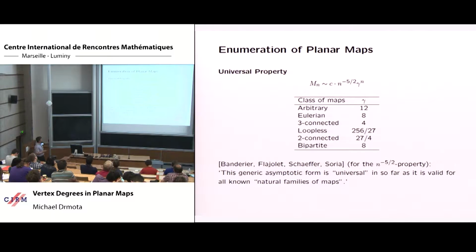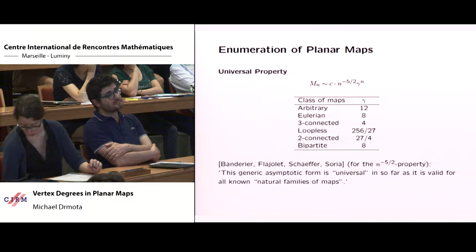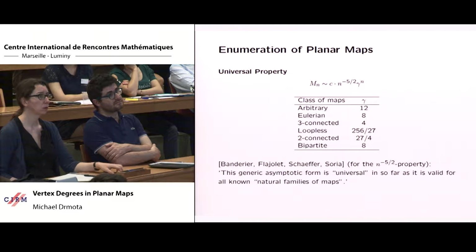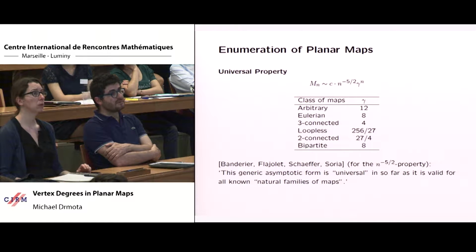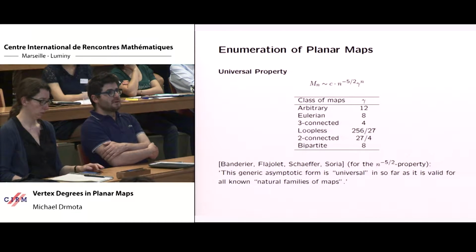In all cases, we have the same kind of asymptotic: an exponential part and a sub-exponential part with exponent -5/2. It seems that this is a universal property, and there are many explanations for this in all these cases. There are bijections to trees and so on. I will also consider a bijection to trees a little bit later.